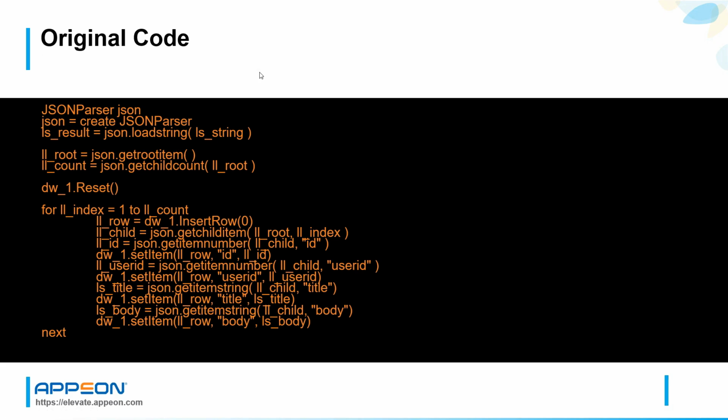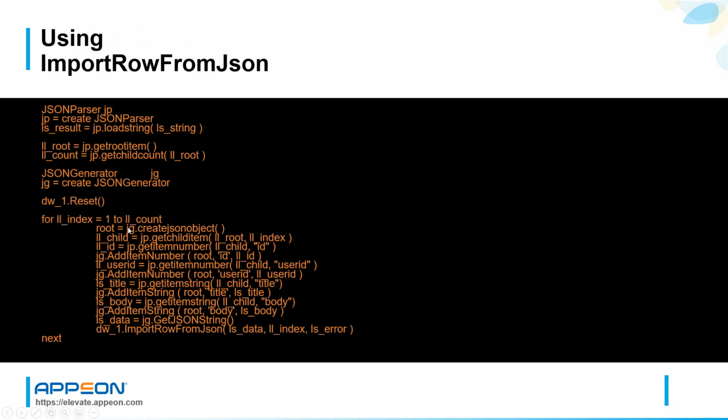This is the new code. It doesn't look terribly different, but what's actually happening here is I'm still looping through and still grabbing the values from the specific columns I want, but instead of inserting them directly into the data window, now I'm generating JSON for that row. I'm using the JSON generator here.